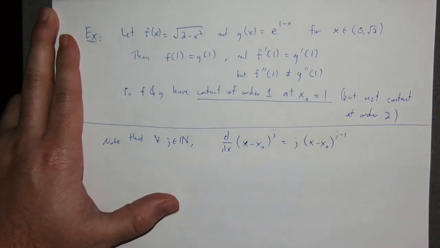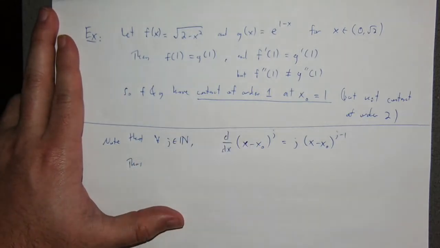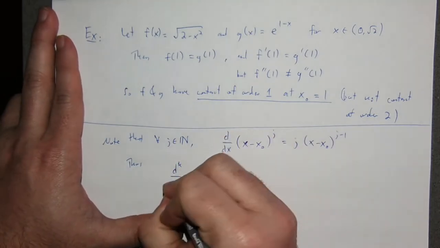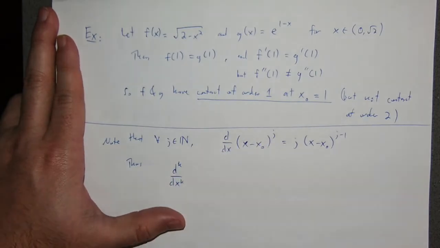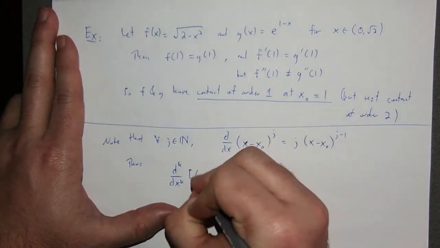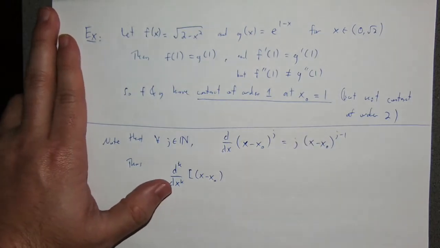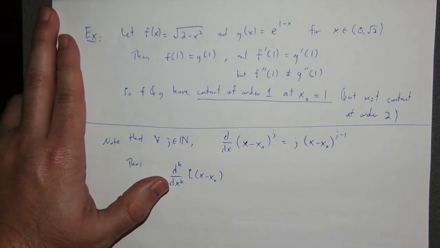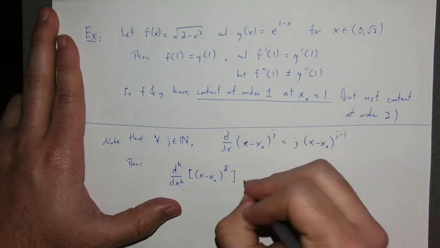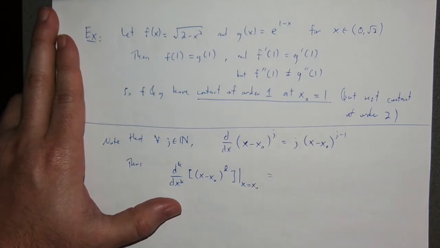I think that has been sufficiently beaten into your heads by now. Thus, of course, if you repeat this process by taking k derivatives of the same expression, and the exponent here is L, evaluated at x equals x naught, what do you get?